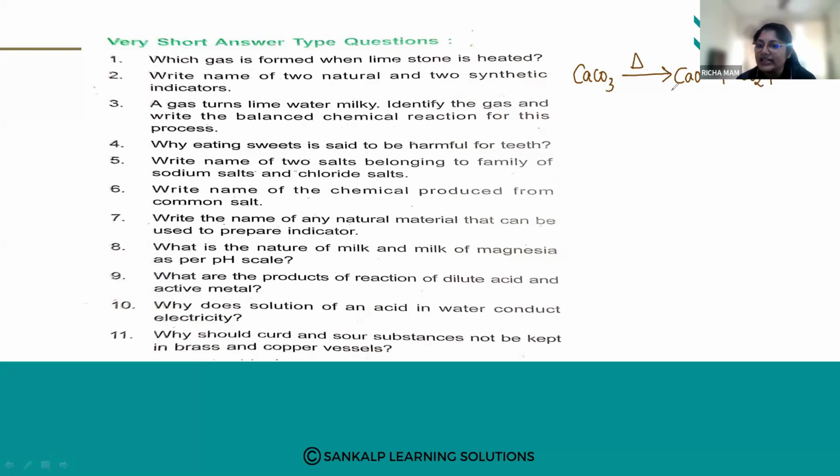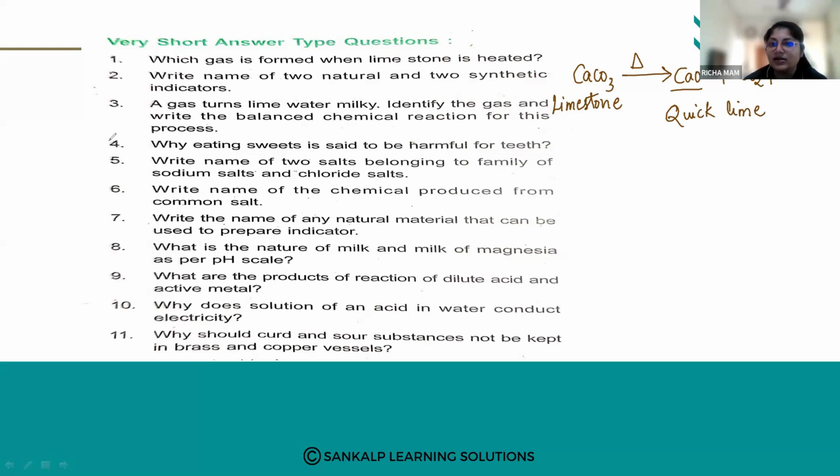This calcium oxide is also called quicklime. Remember this: calcium carbonate is the limestone. When we heat limestone, we get calcium oxide, which is called quicklime, and the gas released is carbon dioxide.